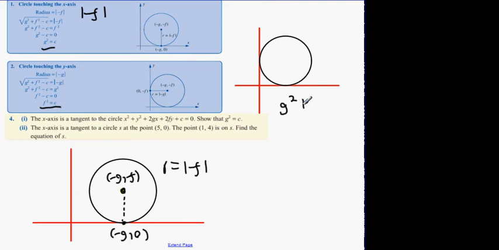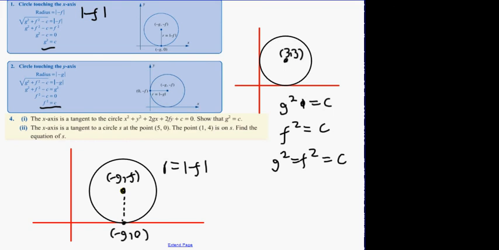And the second one also holds true, because the y-axis is also a tangent. Therefore, g squared equals f squared equals c. Would the centre be 3, 3? Yes, you're right. For it to hit both, the numbers would have to be the same: 4, 4, 5, 5, 1, 1, a half, a half.